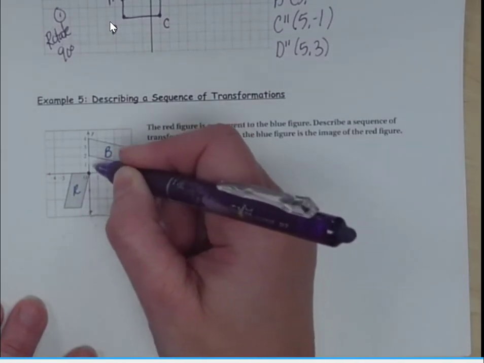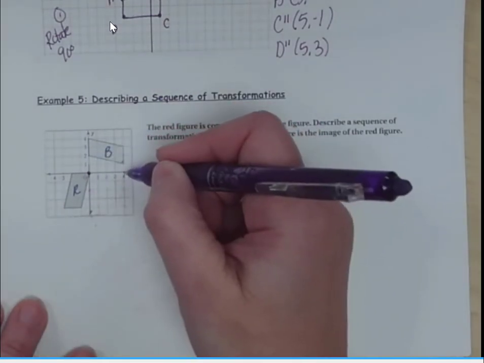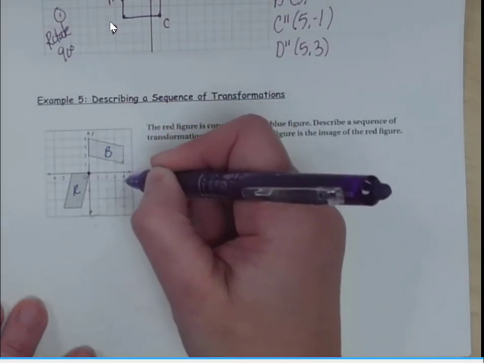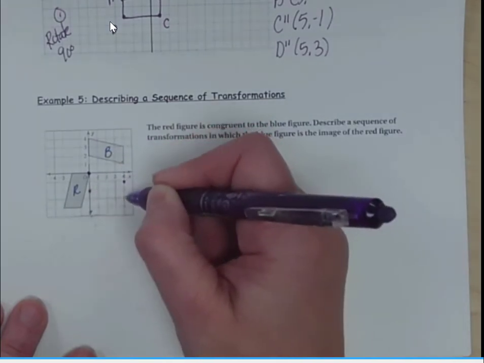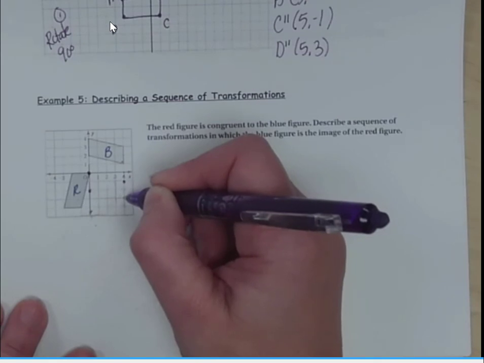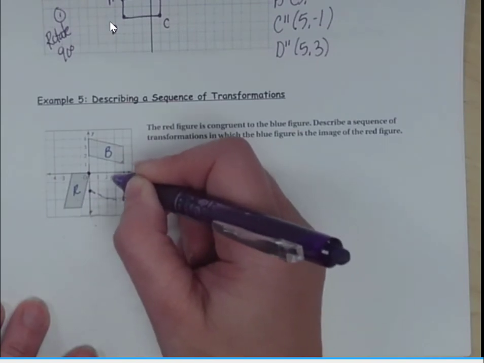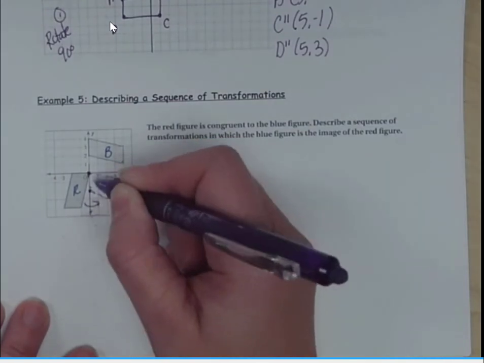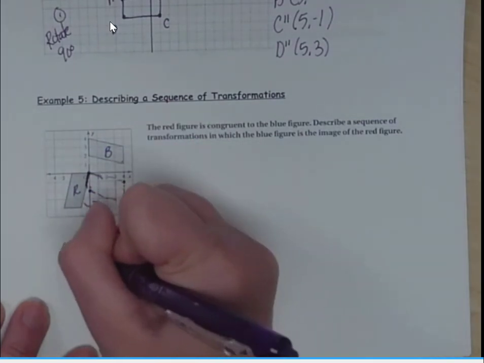So if I do it about the origin, I'd have here to here, then down 2, down 2. So from here to here, that forms a 90-degree angle.